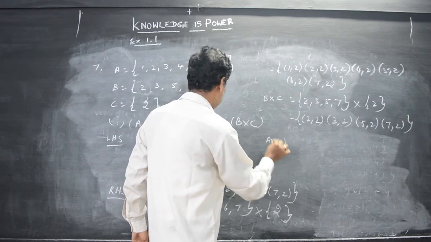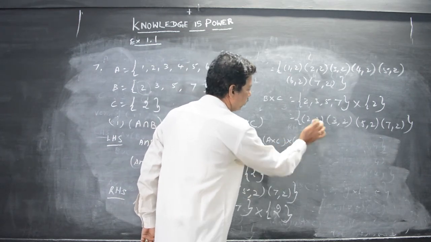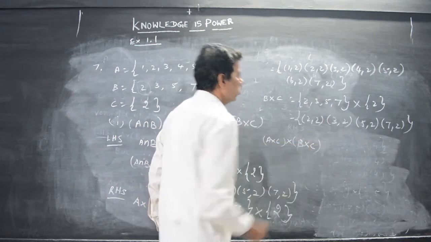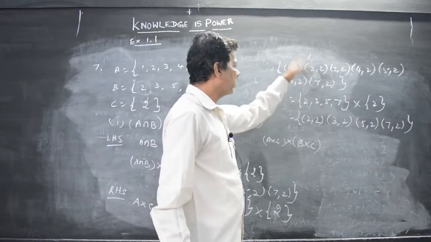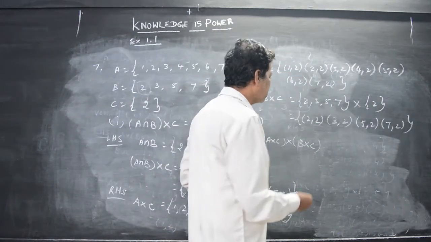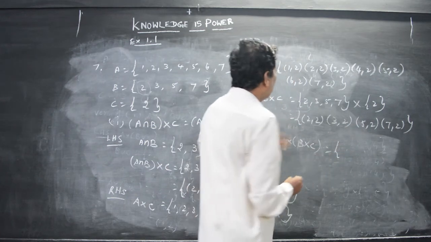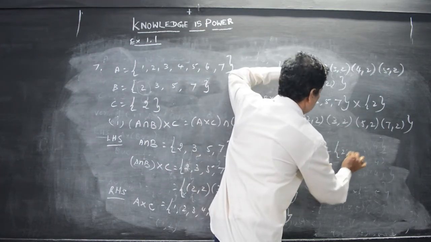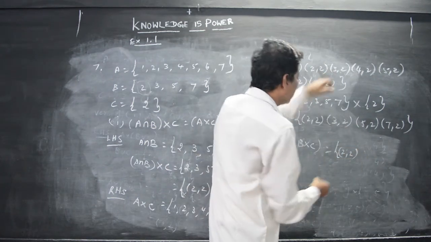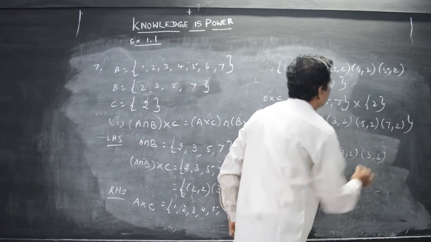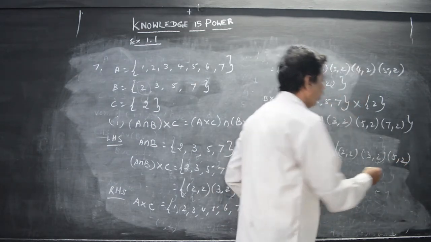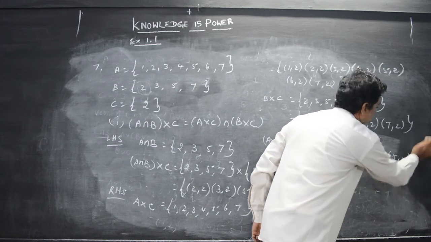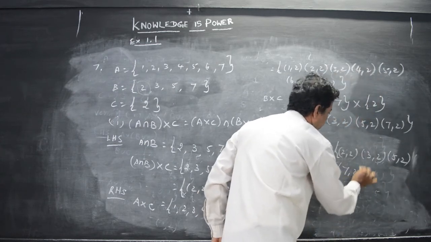And the last answer, what do you have to write? A cross C intersection B cross C. So check it in these two: which answers are the same? You have to write those: (2,2), (3,2), (5,2), (7,2).